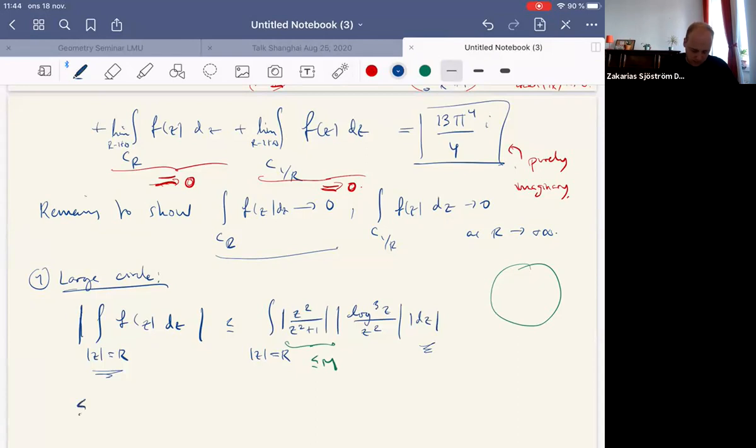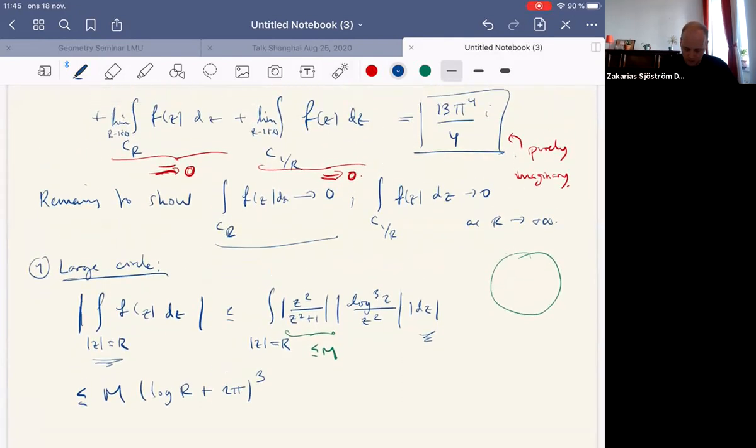And when we continue our estimates, this is less than or equal to this times the absolute value of this log term, which is less than or equal to the absolute value of log r, but this is log r because r is large, plus 2 pi cubed, divided by the absolute value of z squared, but this is r squared, and then times the integral of this one, which is equal to 2 pi r.